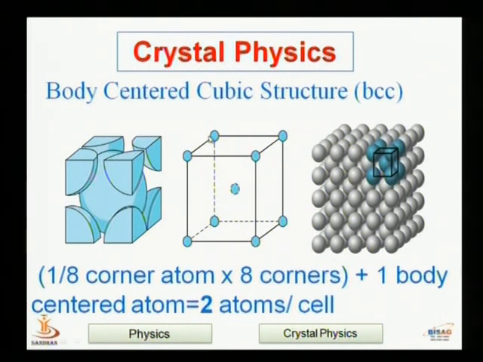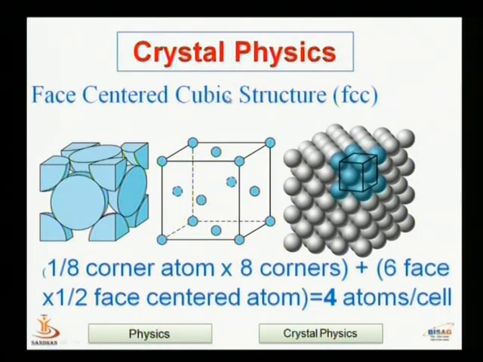Here once again, at corner points, the part of atom is 1/8 into 8 corner atoms plus one atom, that is central atom, it is lying within the cell. So this is one complete atom. So we can say that the number of atoms per cell is equal to 2. Similarly, the number of points per cell is also 2 in case of BCC.